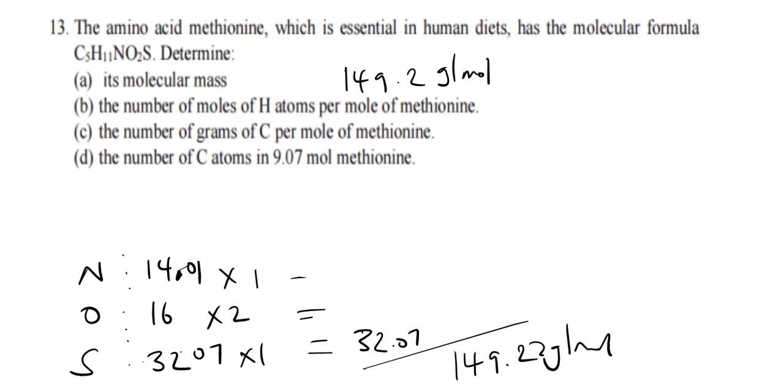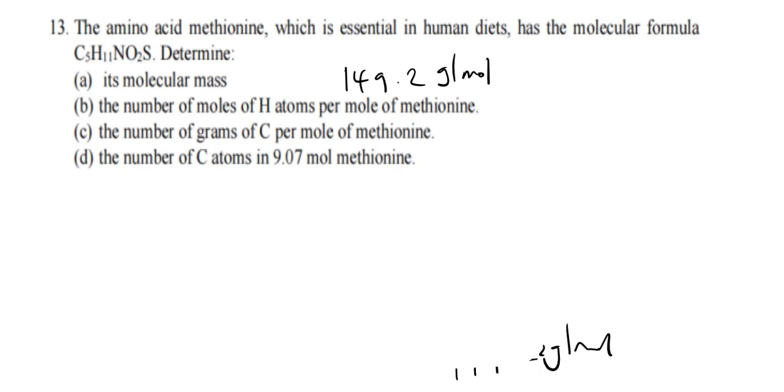Then the second question is asking us to determine the number of moles of hydrogen atoms per mole of methionine. Now this one is a very simple question. The formula just showed you that there are 11 hydrogen atoms in this molecule.